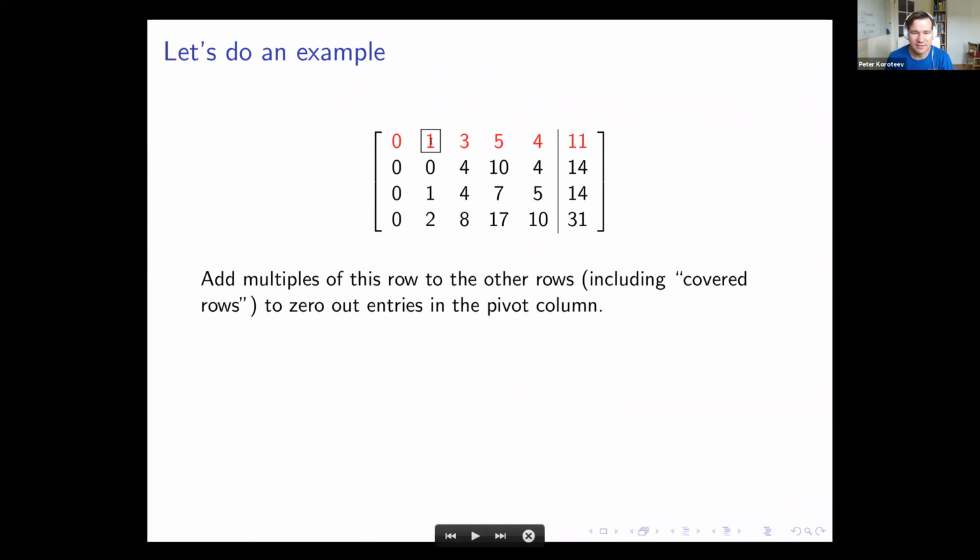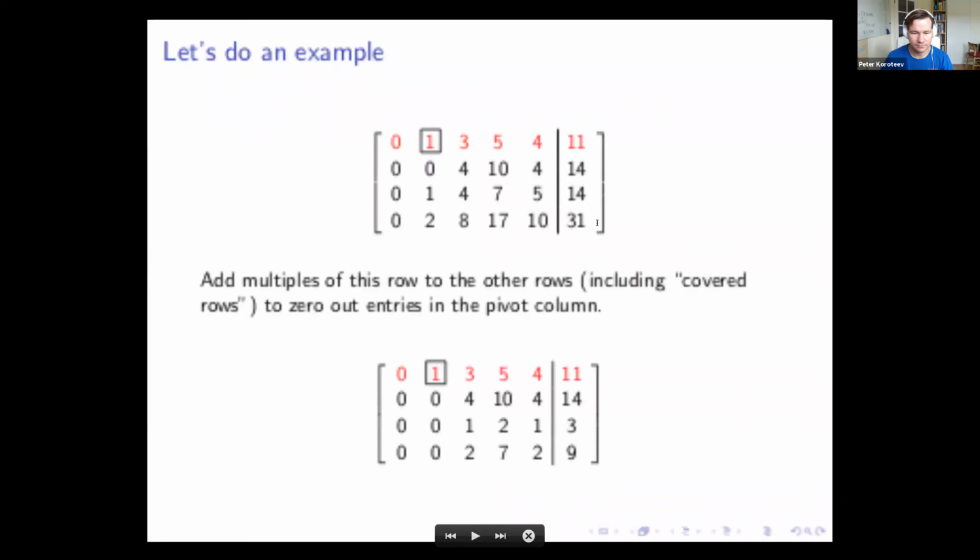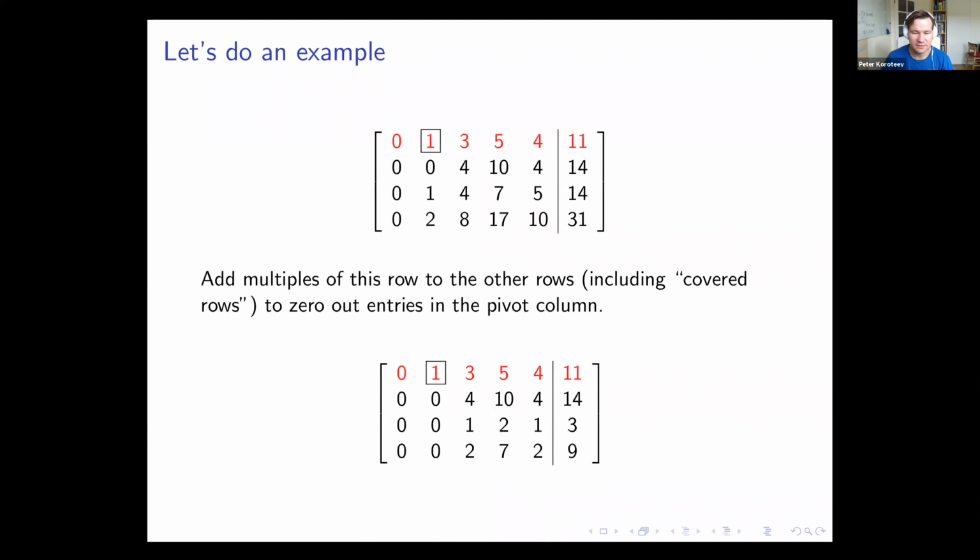So here we just multiply it by -1 and add to the third row, and by -2 and add to the last row. That's what happens after this procedure. So there are all zeros beneath this one.